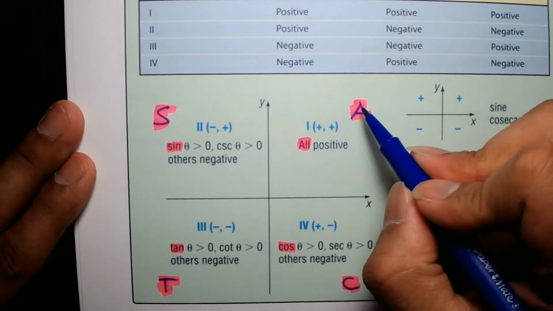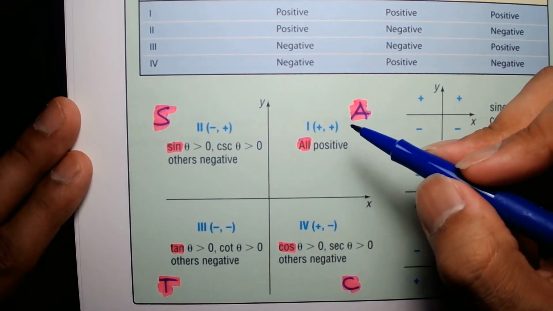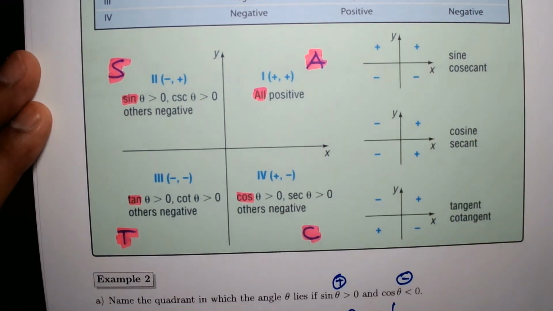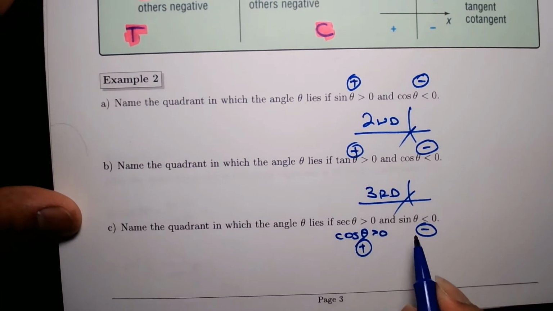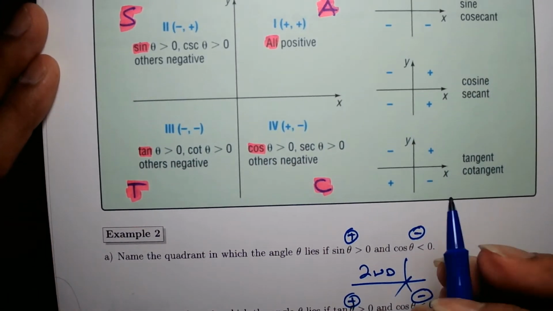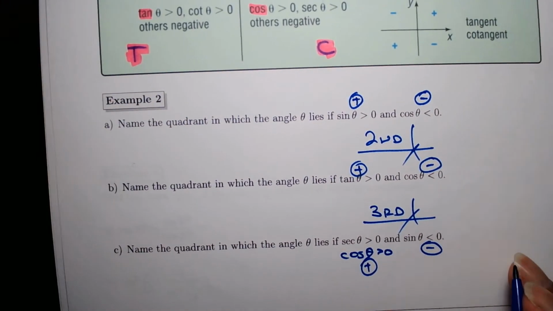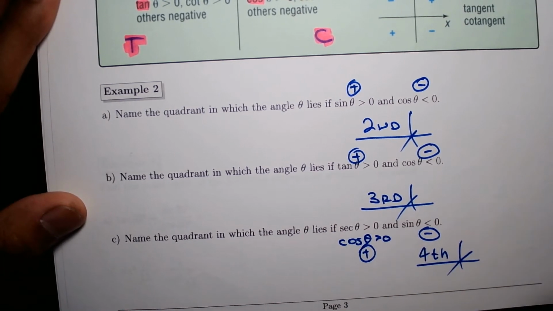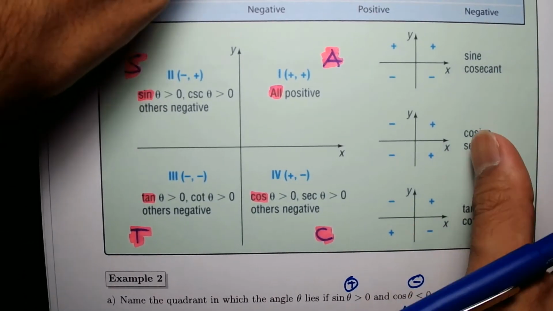Cosine is positive in the first quadrant, but we want a quadrant in which sine is negative, and that is the fourth quadrant. All right, let's move on to the next page.